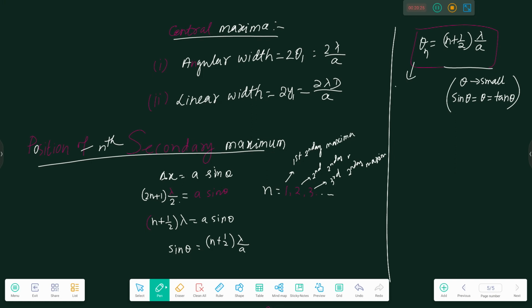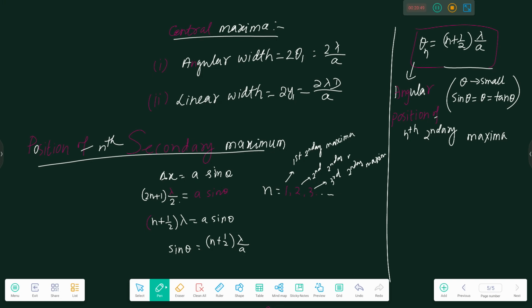Now this is your angular position of the nth secondary maxima. You don't worry about the word secondary. This is maxima, but I say secondary maxima because the primary maxima is already the central bright.